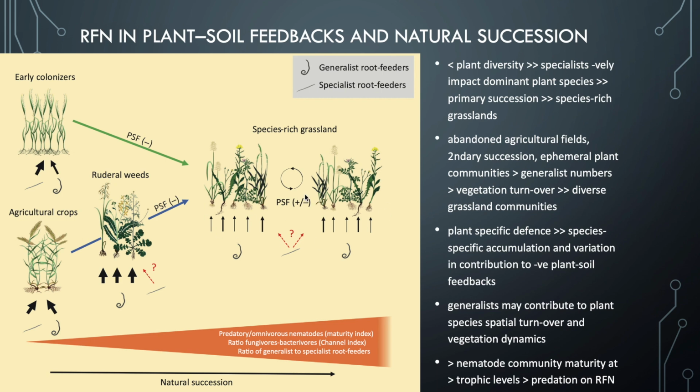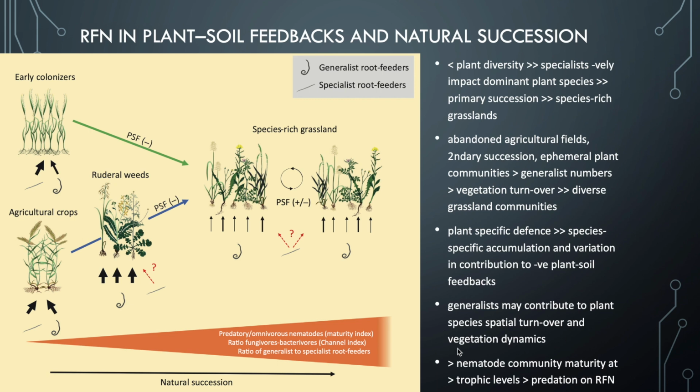And this eventually leads to diverse grassland communities. There's also plant-specific defense, which leads to species-specific accumulation and variation in the nematode contribution to negative plant-soil feedbacks. So it is thought that generalists may contribute to plant species spatial turnover and vegetation dynamics.